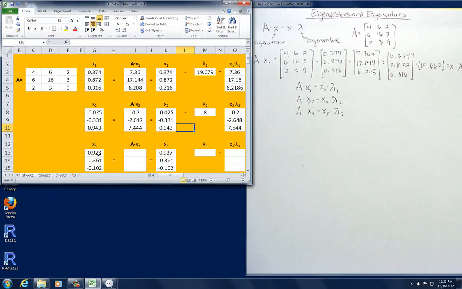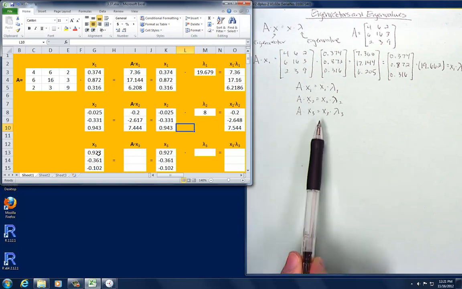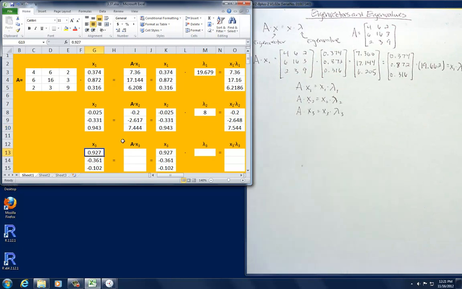So let's do that for the third eigenvector and eigenvalue. Do the same thing. A times this third eigenvector, and we get 1.338, negative 0.52, and negative 0.147. So to get this, we're going to take the vector we just calculated and divide it by our eigenvector.